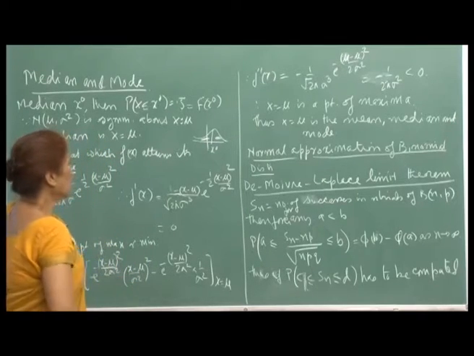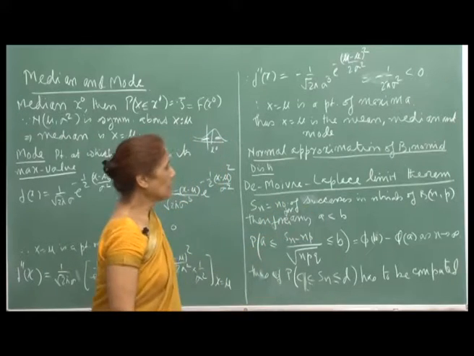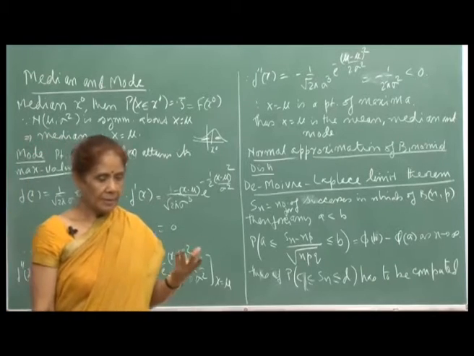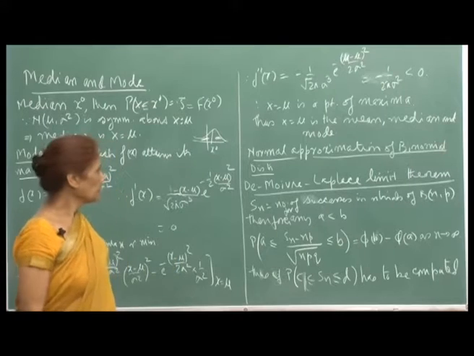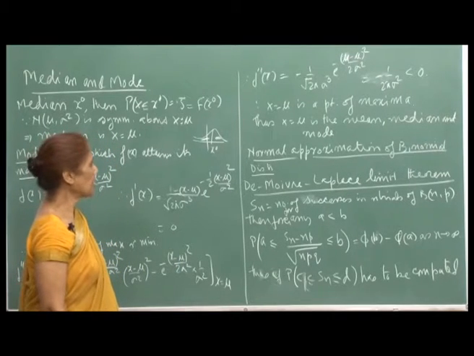Okay. Now, another important point: as I mentioned, de Moivre initially defined this normal distribution to approximate binomial probabilities. So, let us formalize the procedure here.